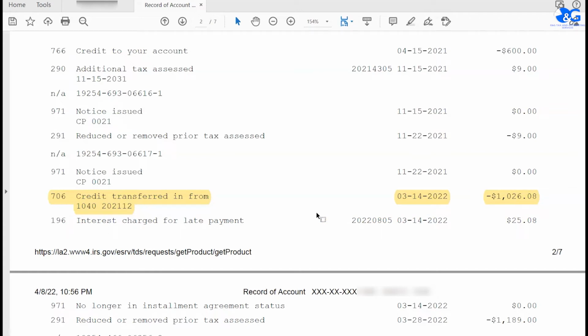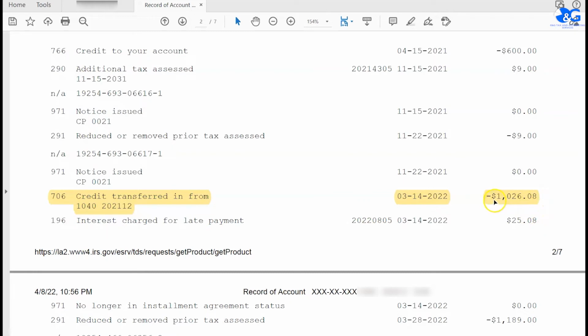So the reason why this taxpayer got a lower amount is, first, the IRS reversed the stimulus check. And secondly, because the taxpayer owes taxes from prior years that have not been settled. The IRS wanted to make sure that it got its money before it sends the rest to the taxpayer. So really, this is the reason why the taxpayer got the lower amount.